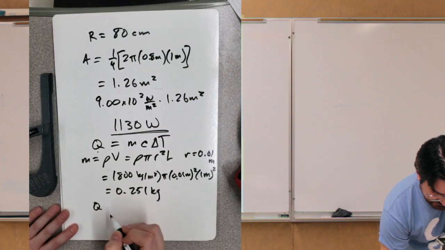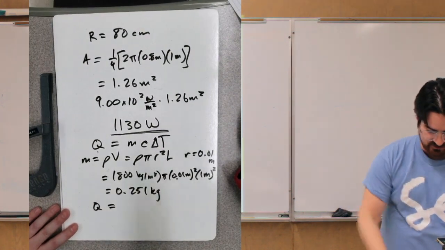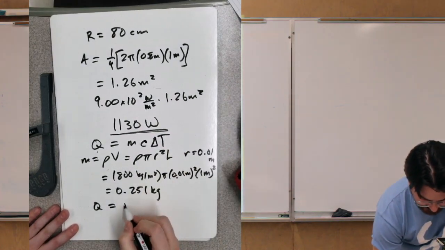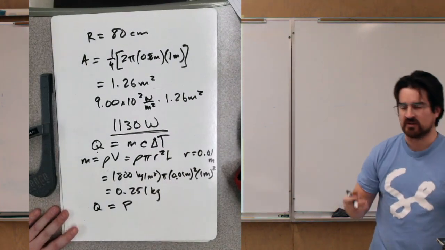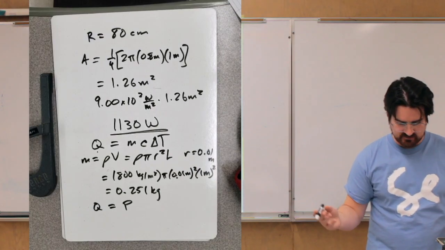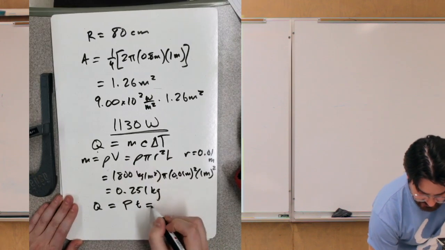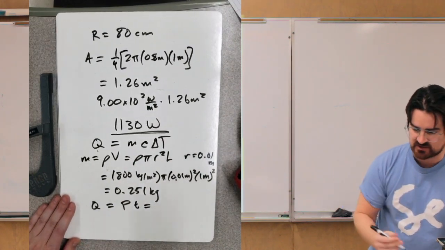Okay, well, the next question real quick then is how much heat is actually landing on it, right? Because we've got power, but power is heat or energy per unit time, so essentially we just need to multiply that power by the time that we're talking about to tell us how much energy, how much heat is actually going to be transferred here.